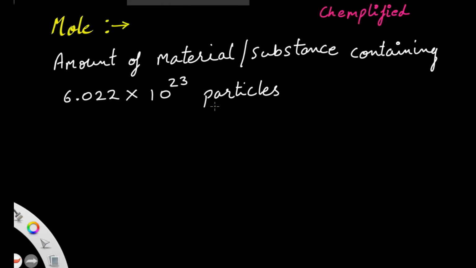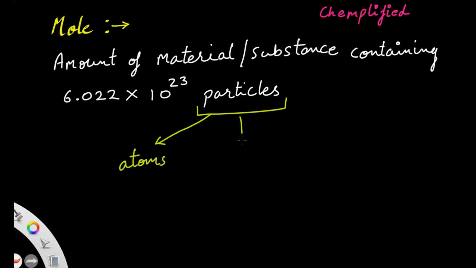In this place, particles can be atoms or ions or molecules. In particles there can be atoms, ions or molecules like that.